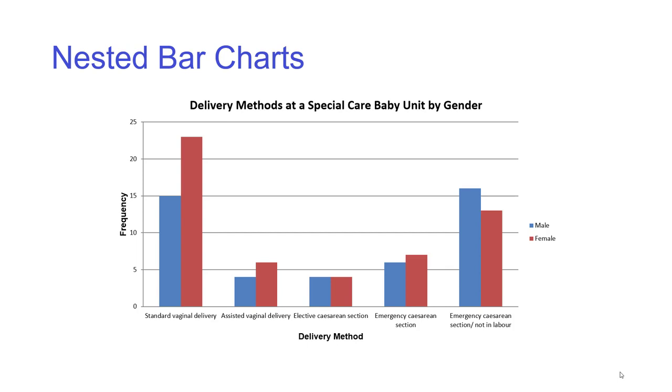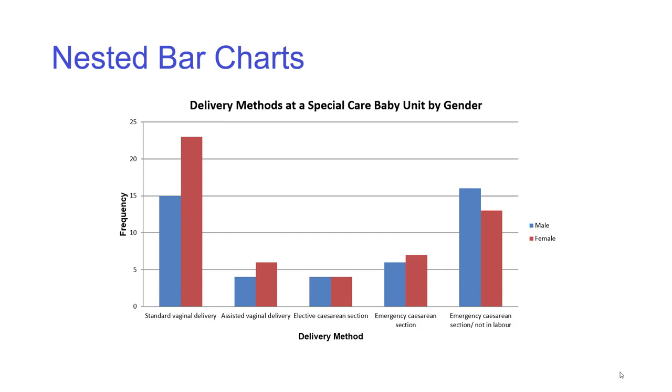So in this case, you're expecting that gender, whether the baby that is born is either male or female, does it affect the way that they are delivered between standard vaginal, assisted vaginal, elective caesarean, emergency caesarean, and emergency caesarean when not in labour. Is there any effect dependent on the gender of the child?